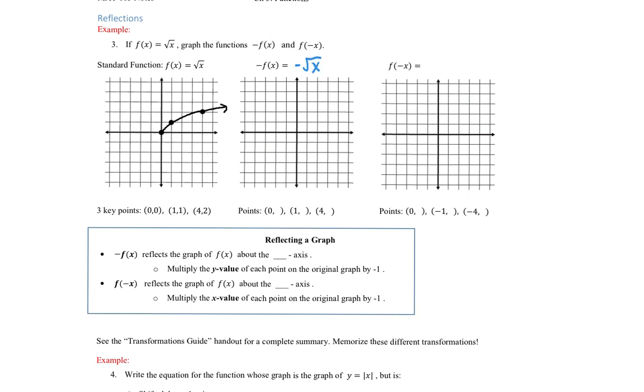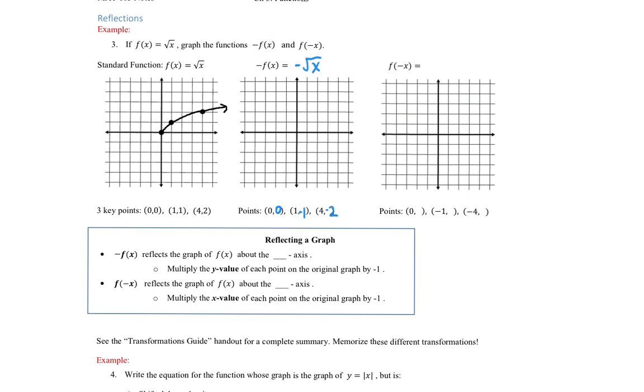So our 3 points here, the negative square root of 0 is still going to be 0. The negative square root of 1 is going to be negative 1, and the negative square root of 4 is going to be negative 2.